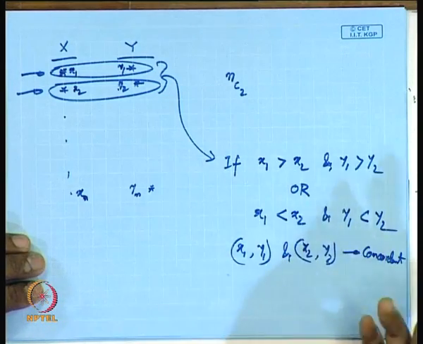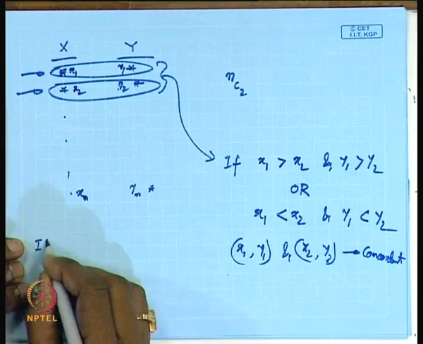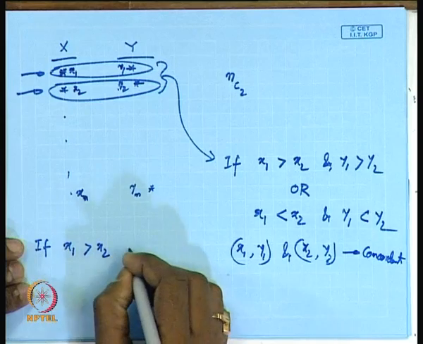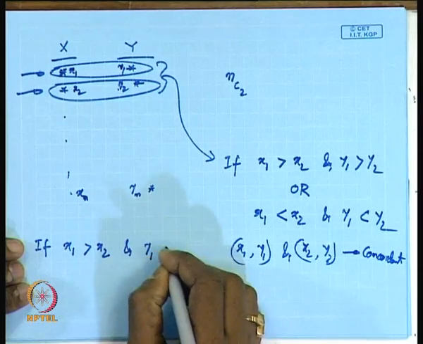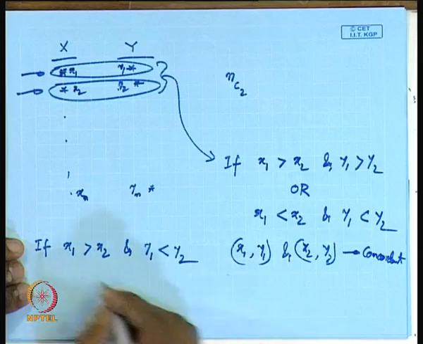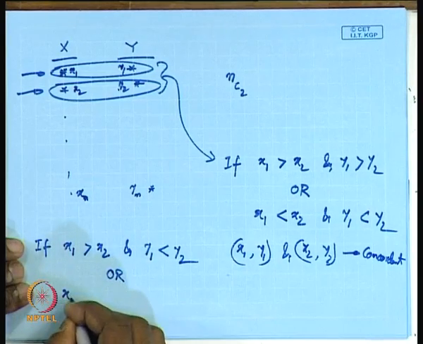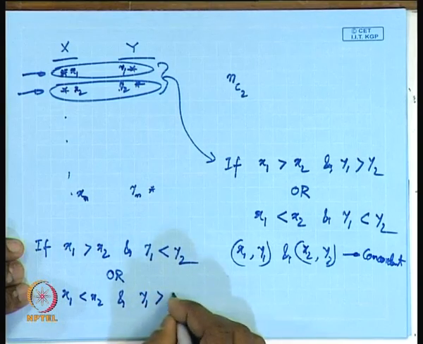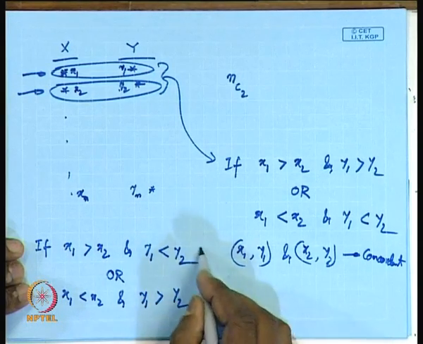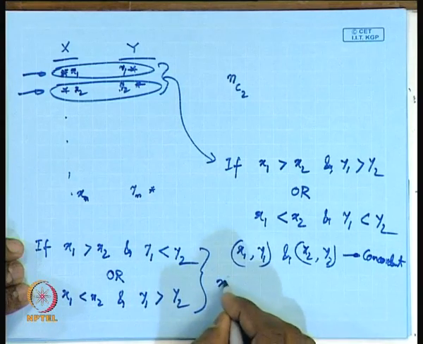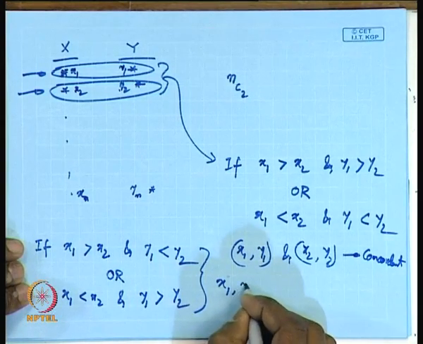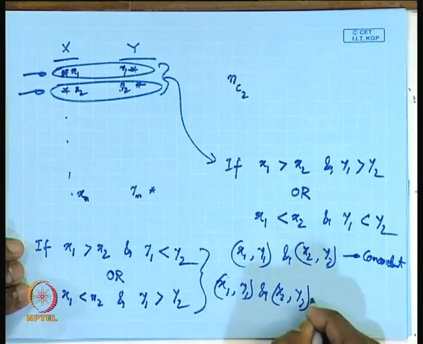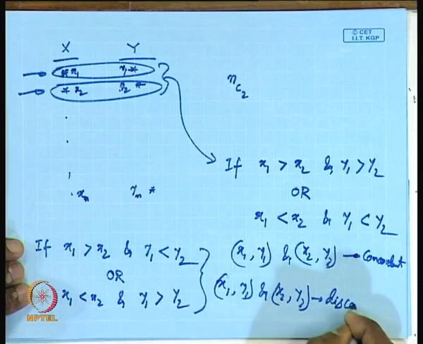Now, if the opposite thing happens, say x1 is greater than x2 and y1 is less than y2, or x1 is less than x2 and y1 is greater than y2, then the pair x1 y1 and x2 y2 is known as discordant.